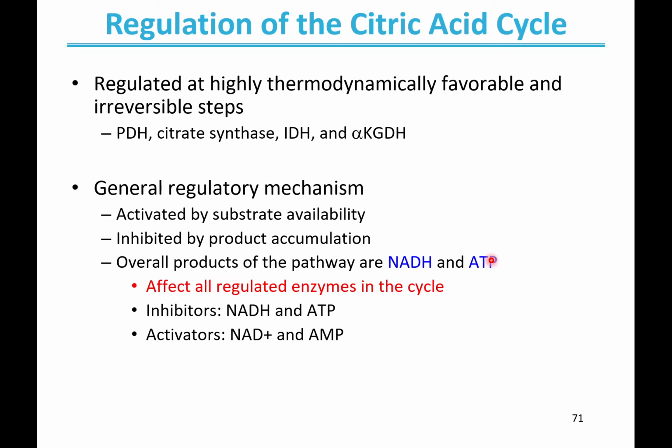So those are going to play probably the biggest role in product inhibition. Okay, although they weren't necessarily listed for each step in the previous diagram, you can think of those as affecting all regulated enzymes in the cycle. Okay, NADH and ATP are the inhibitors, and the activators are NAD plus and AMP.